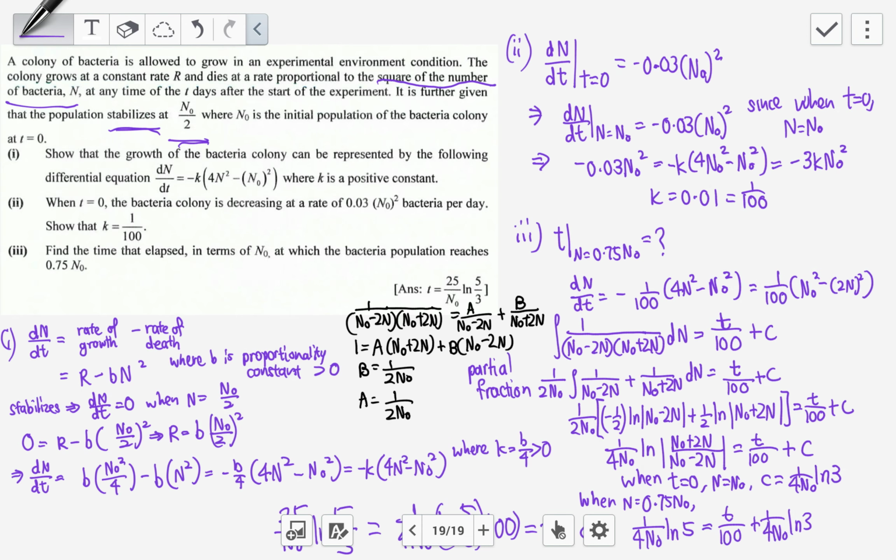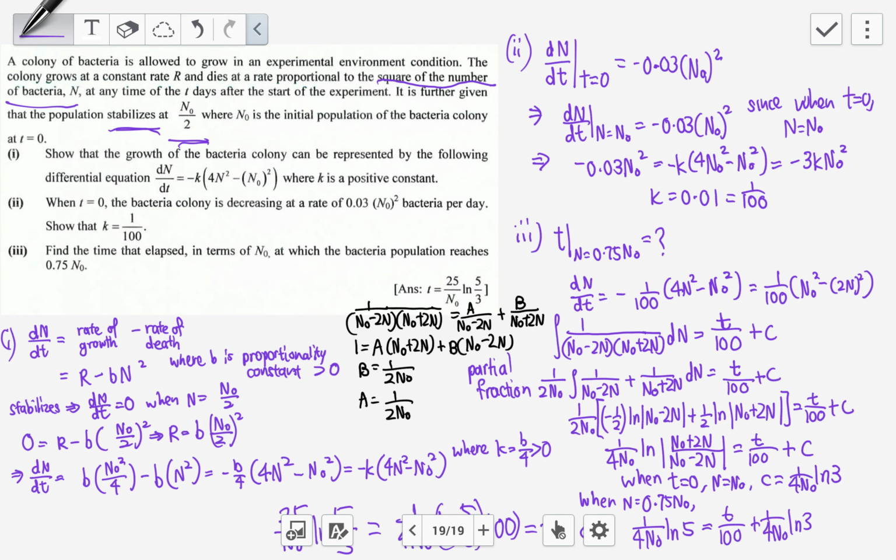From here, because the question wants it in the form minus k times (4n square minus n0 square), I will factorize out the proportionality constant b, and factorize out 4 and negative as well. Then whatever is inside the bracket will be 4n square minus n0 square.